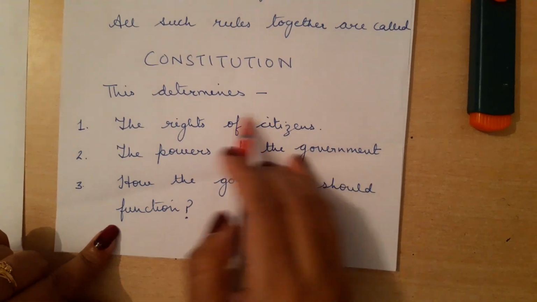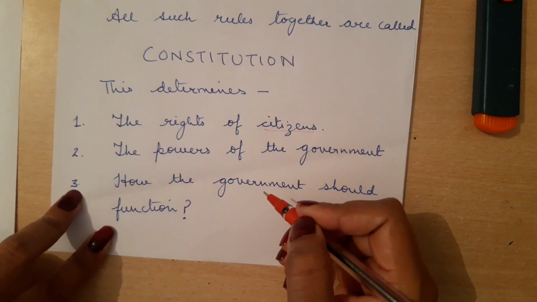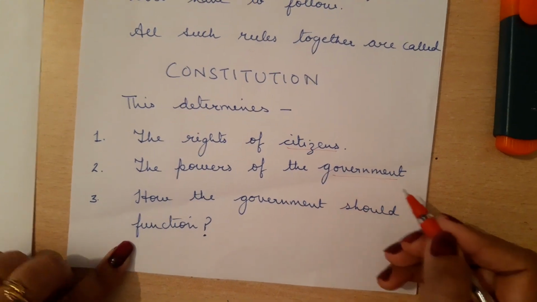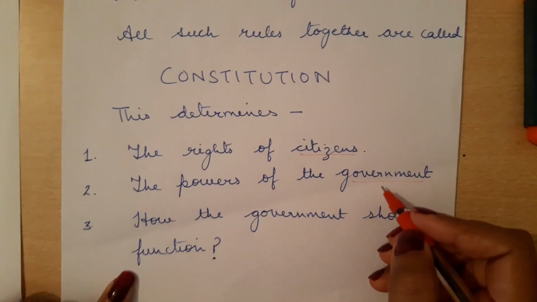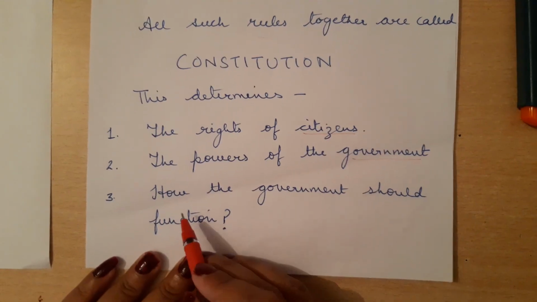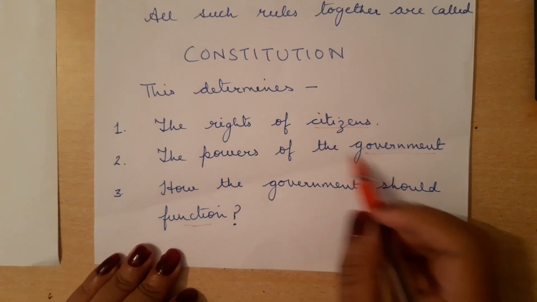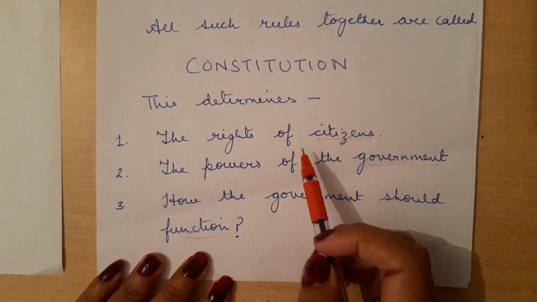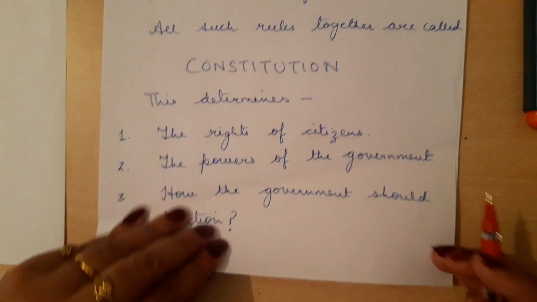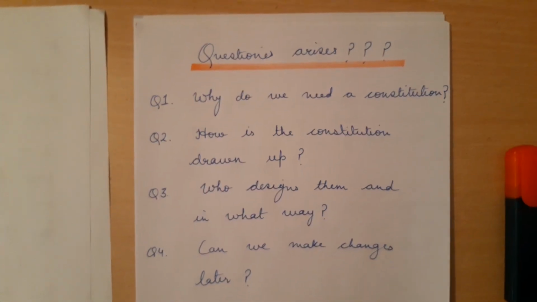Citizens are also given an important part, and how the government should rule, what powers have to be given to them, how they have to be executed, and how the government should function. So all these three major parts have been given in the constitution for a proper functioning of the government, as we have done several times.